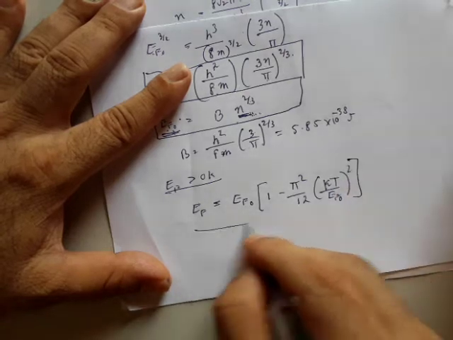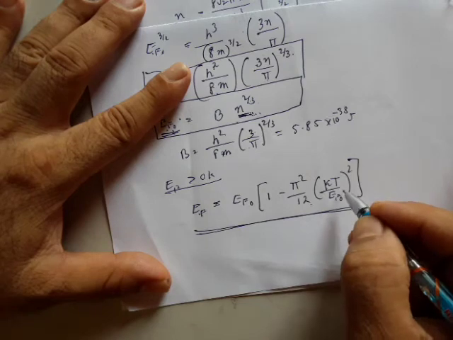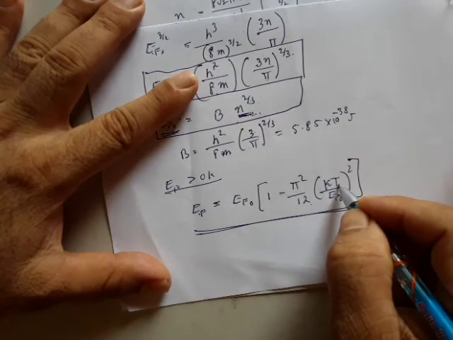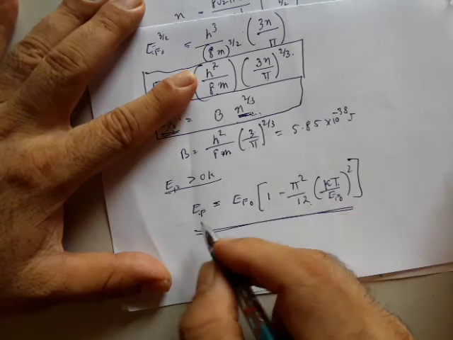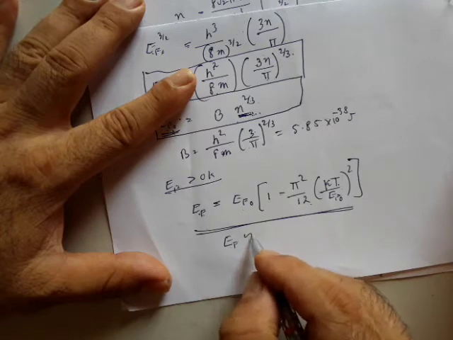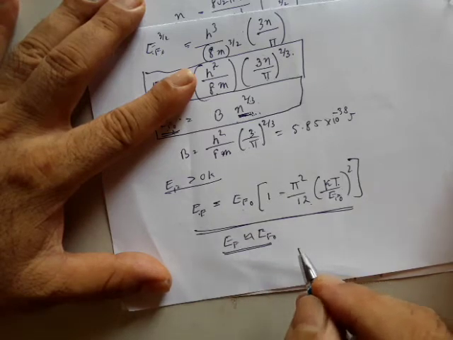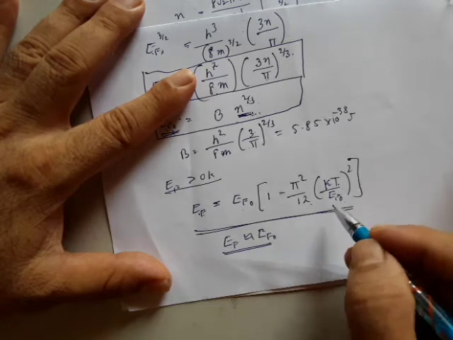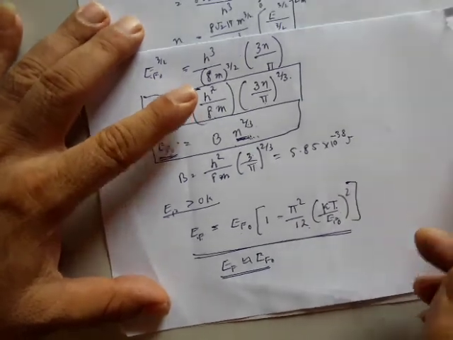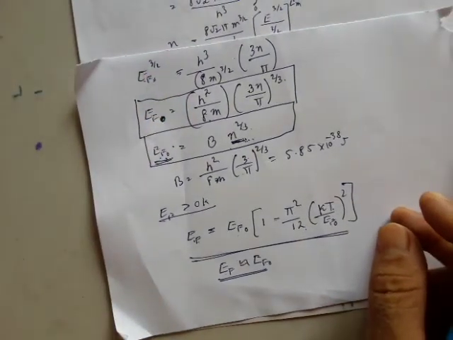This is the expression for the Fermi energy at any given temperature. However, you can very clearly see that this is a very, very small quantity. That is the reason the Fermi energy is almost independent of the temperature, where the change that takes place is infinitesimally small. Therefore, this is how the Fermi energy of any given material can be calculated.